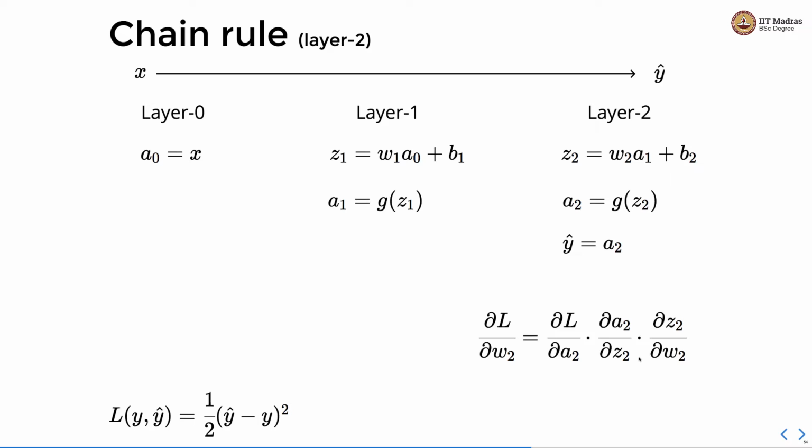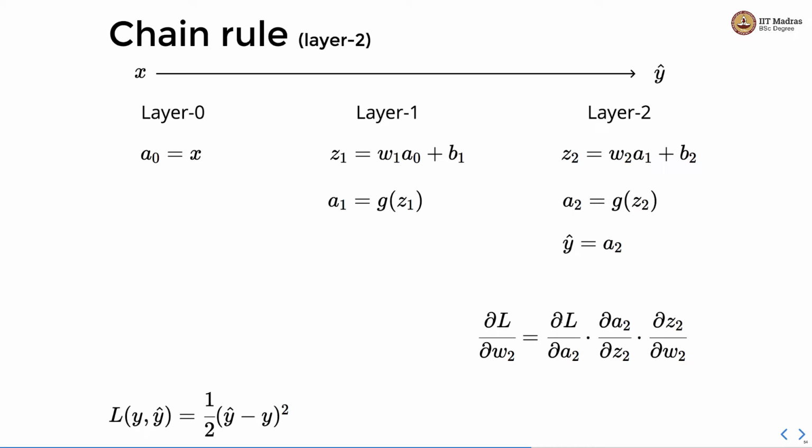Let's first calculate the partial derivative of loss with respect to W2, and here we make use of the chain rule. So W2 and L are connected first through the pre-activation and then through the nonlinear activation.